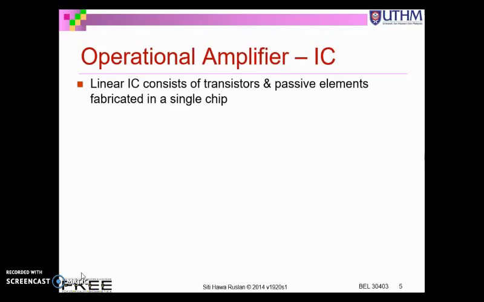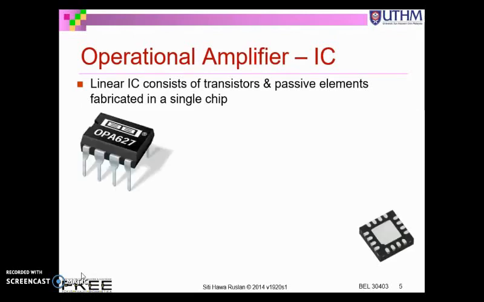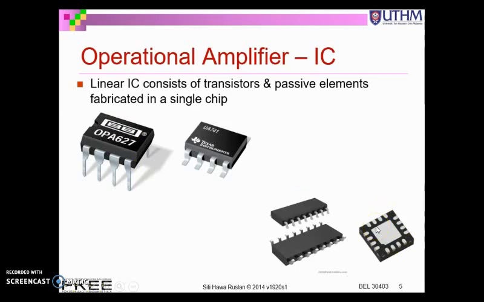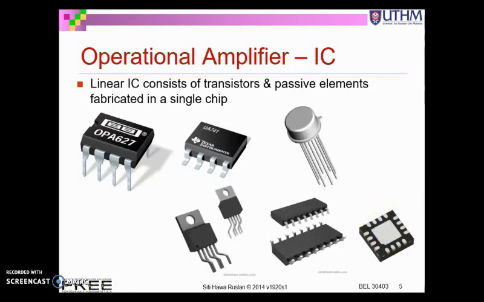It is an analog integrated circuit, consisting of transistors and passive elements fabricated in a single chip. It is available, for example, as a dual inline package, or it can be available in terms of a surface mount, and this is another package of op-amp.